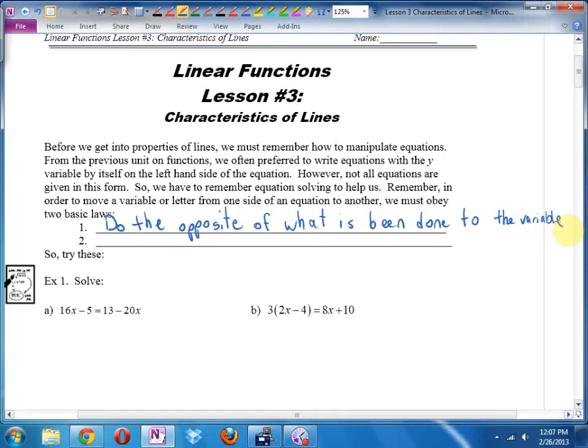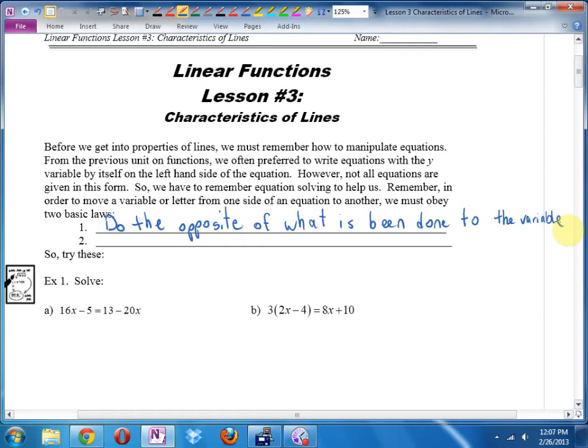Say what? If they're plussing 5 to x, you know what you should do? Minus 5. If they're timesing the y by 3, you know what you should do? Divide by 3. If they're dividing the y by 9, you know what you should do?